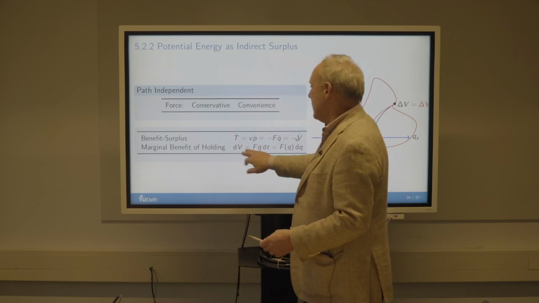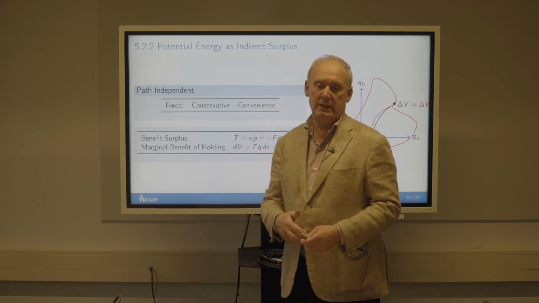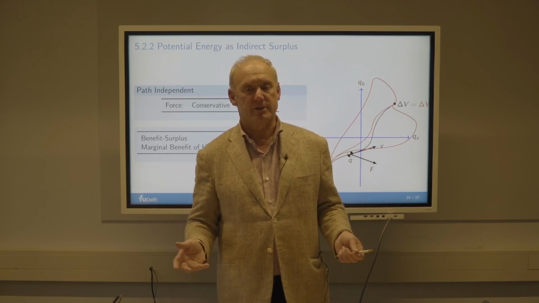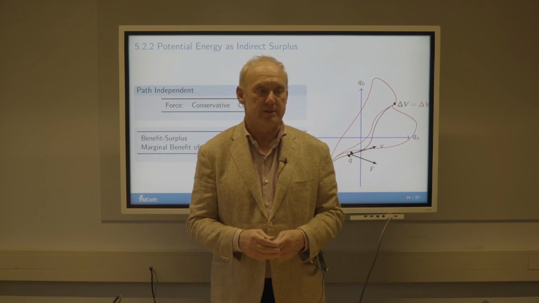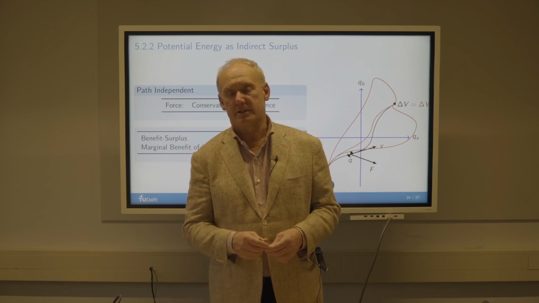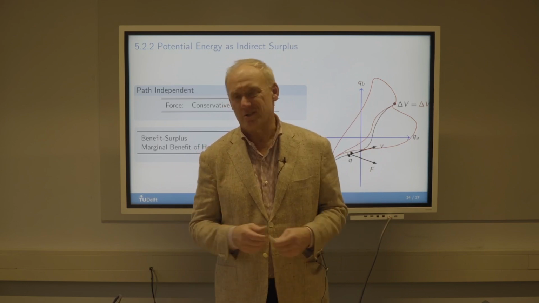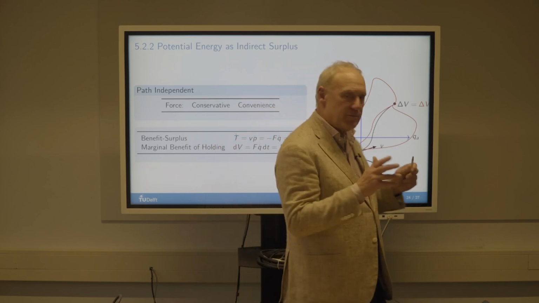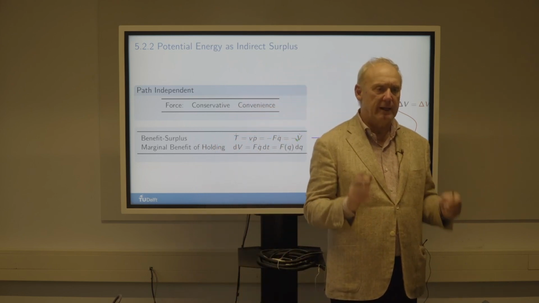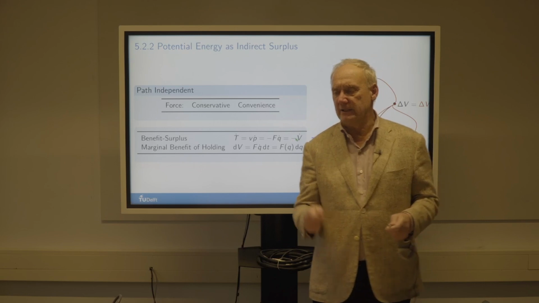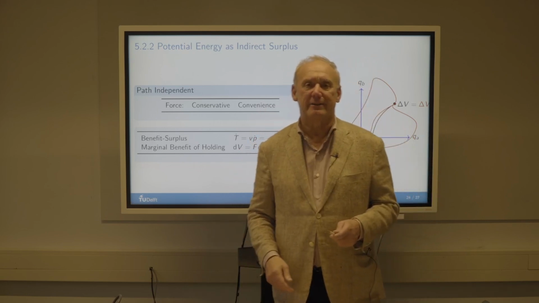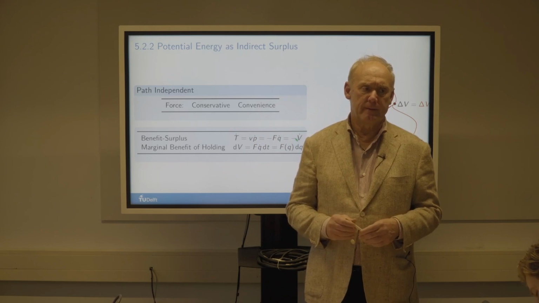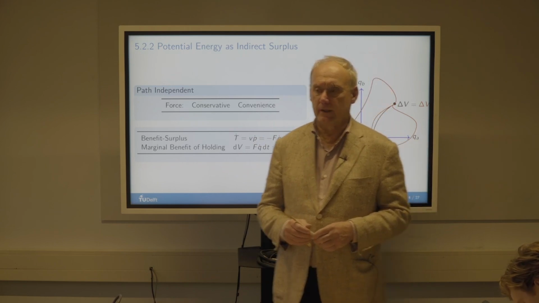But that is equivalent to the surplus that you can generate with that storage, the economic surplus. So we can also call it the indirect surplus, and that's the way of potential surplus. So just think kinetic energy, that's the surplus, that's the profit. And potential energy is something you can change into that, with your storage.